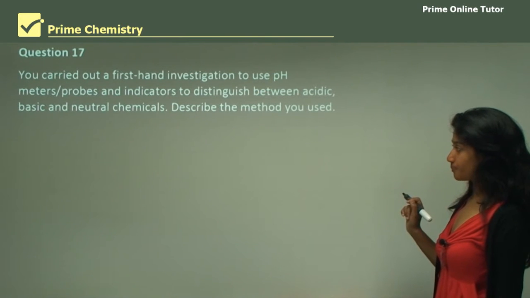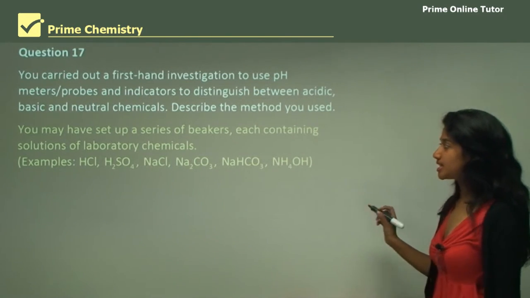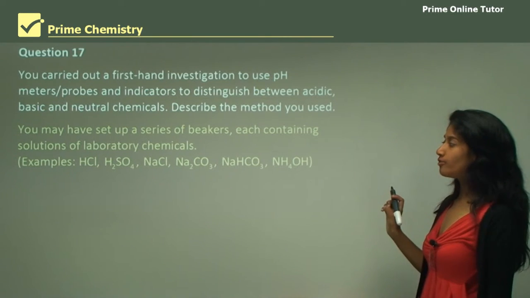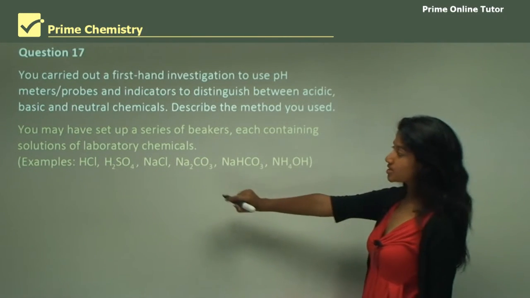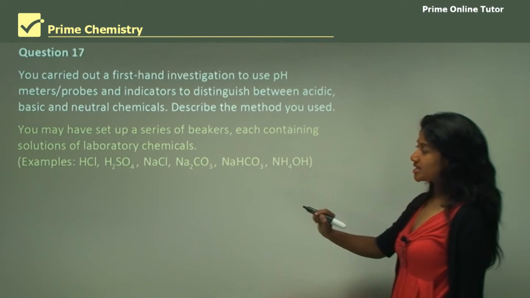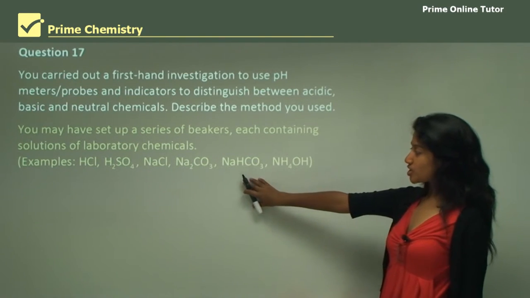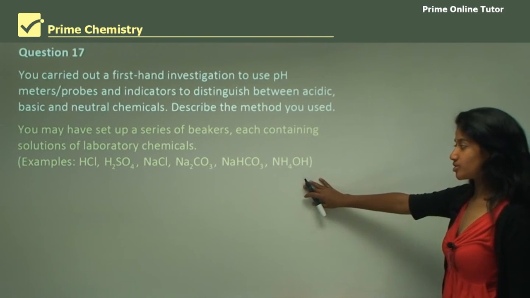and specific. So you would write, you may have set up a series of beakers, each containing solutions of lab chemicals such as HCl, sulfuric acid, NaCl, Na2CO3, sodium hydrogen carbonate, and ammonium hydroxide.